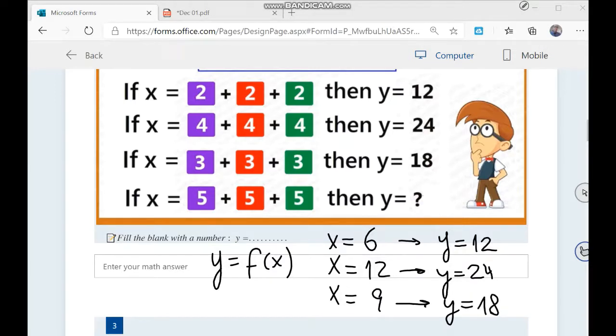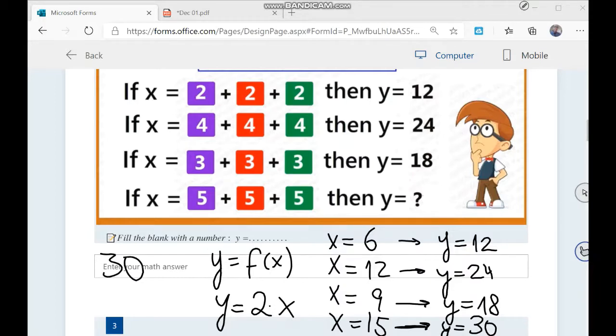And it looks like that's right. You're going to have y equals 2 times x. That means if x equals 5 plus 5 plus 5, 15, that means y equals 2 times 15, 30. And the right answer is going to be 30.